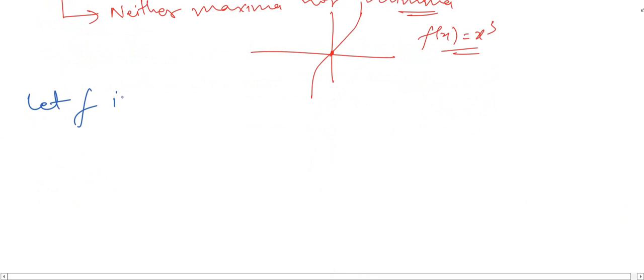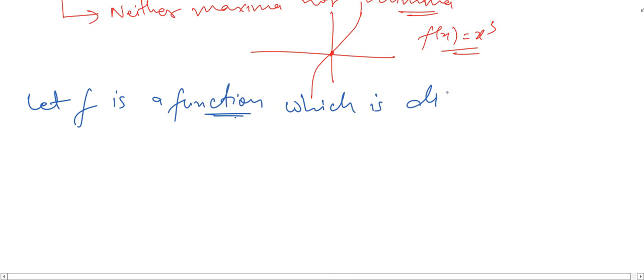Let f be a function which is differentiable, not at the endpoints, of course, because that's obvious, without loss of generality, so that nothing weird is happening. So f is a function which is differentiable.